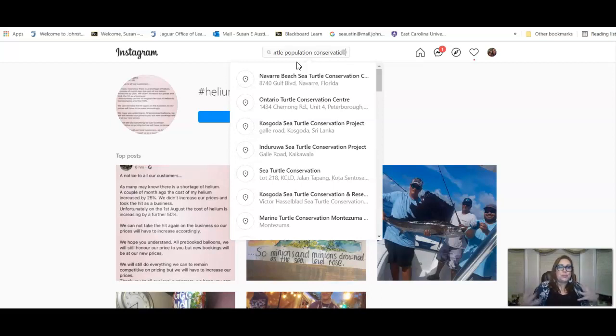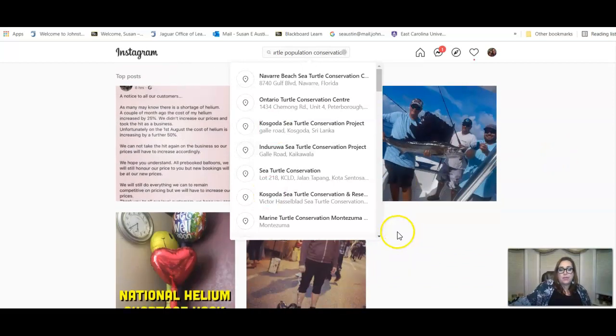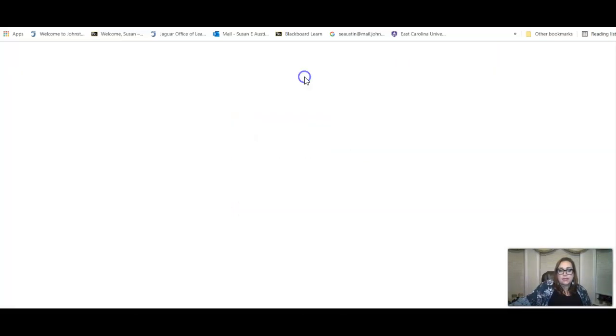Let's say I wasn't really sure what direction to go in. If I did this, it's going to connect me to some groups. I could write those down. You may even be able to transfer that into a Facebook or a Google search or a YouTube search. So Instagram's not bad. Let me just go here, conservation.